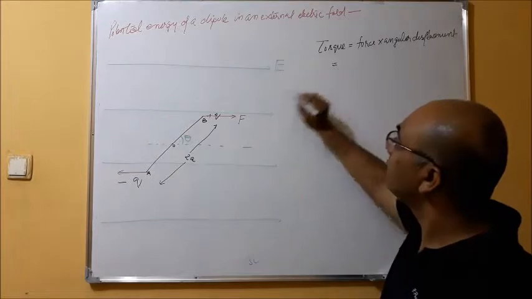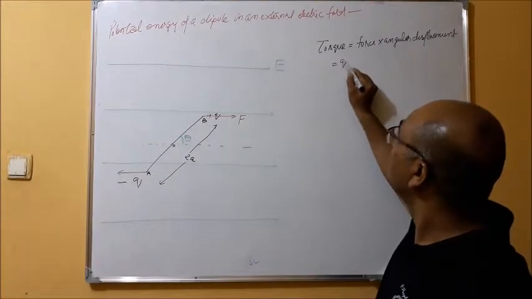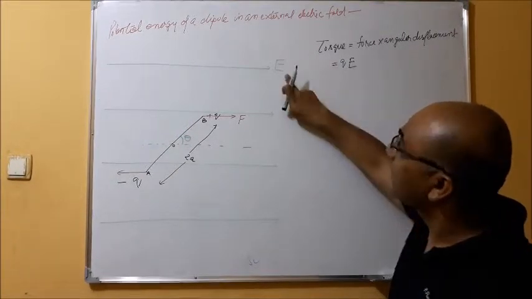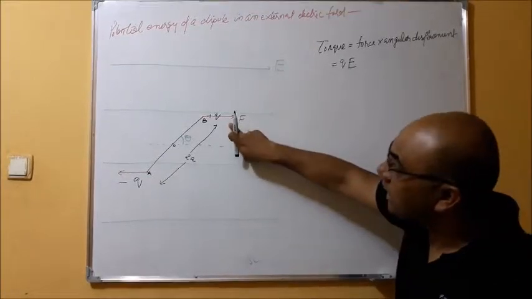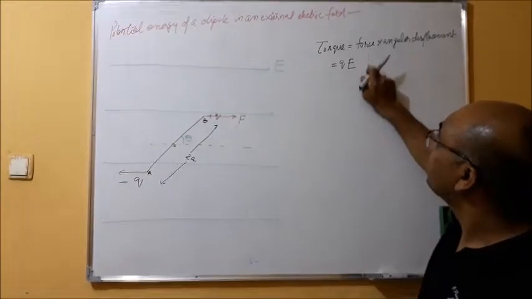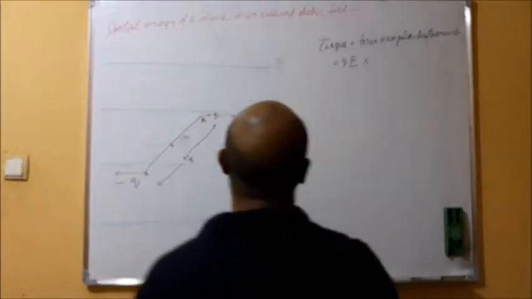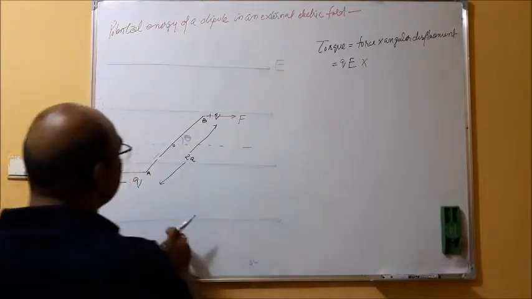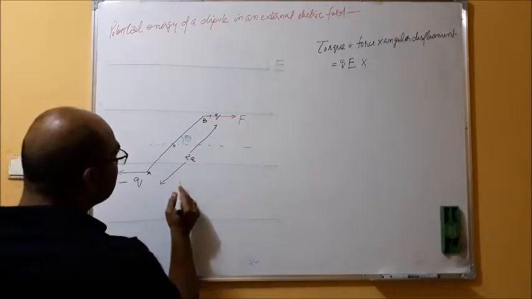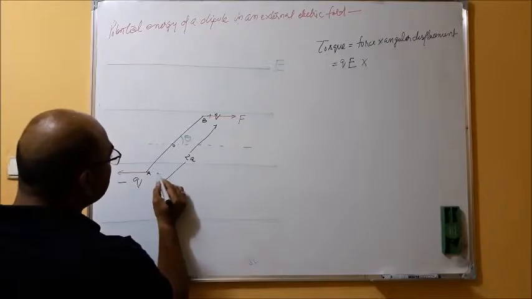You see what is the value of force here? If the electric field is E and the charge is q, the value of force is qE, multiplied by the angular displacement. What is the angular displacement between these two?